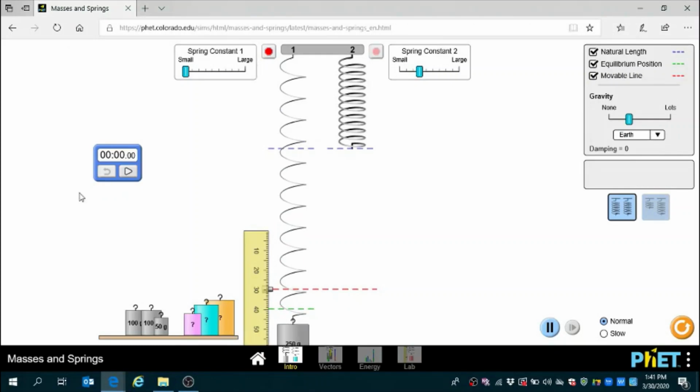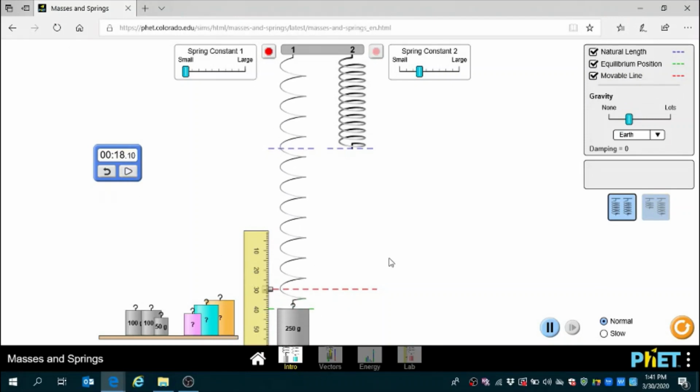Let it go, and we start our timer. 1, 2, 3, 4, 5, 6, 7, and this is clearly going longer than the previous one did.